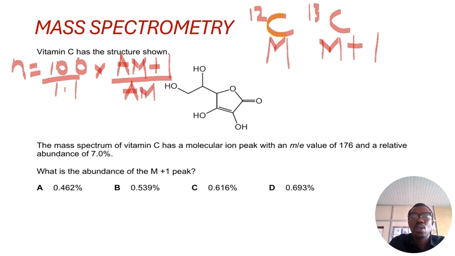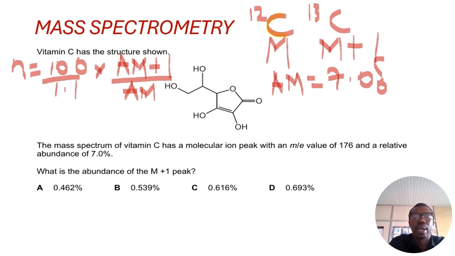The first thing we are going to do is look at the organic compound and calculate the number of carbon atoms. We are given the abundance of the molecular ion peak. The mass to charge ratio is 176, and the relative abundance is 7.0%.